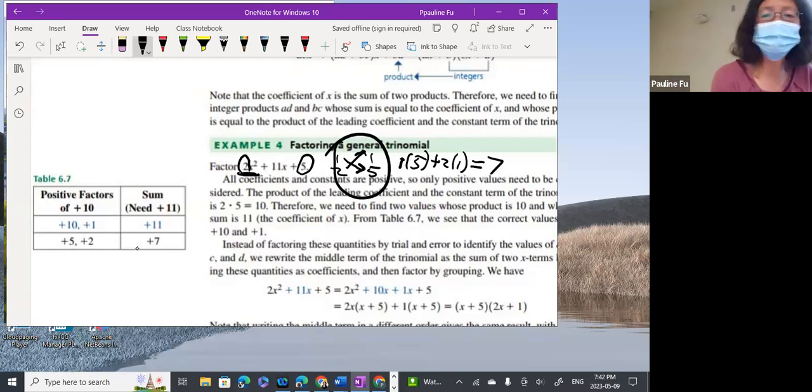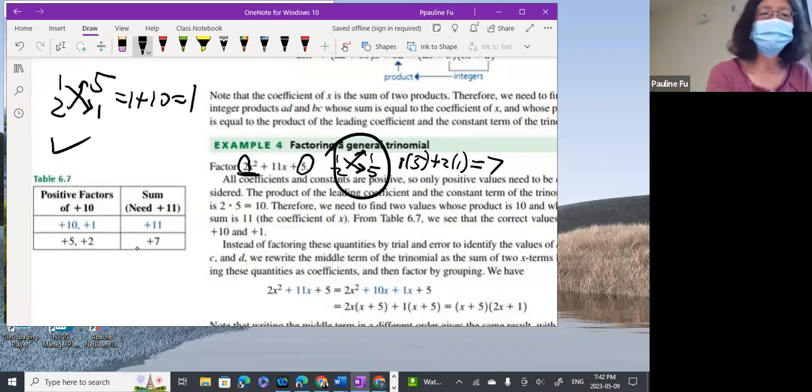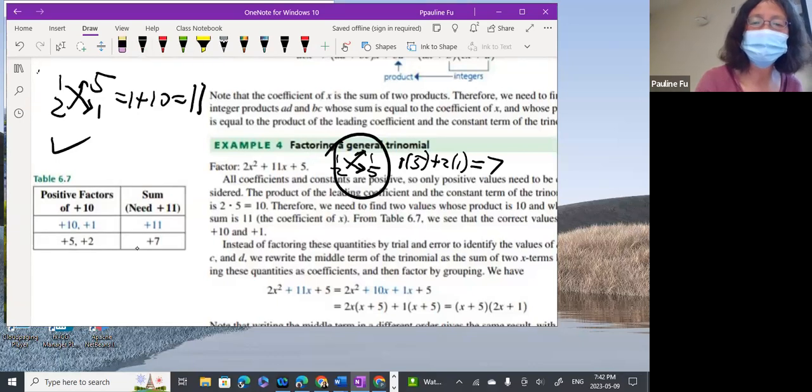How do I change this arrangement? If I change to 1 times 2, 5 times 1, then you do cross multiplication. You got 1 times 1, 2 times 5, you got 11, bingo. So this arrangement is good. Did you see that? You need to make several arrangements. Choose the one such that it is 11.